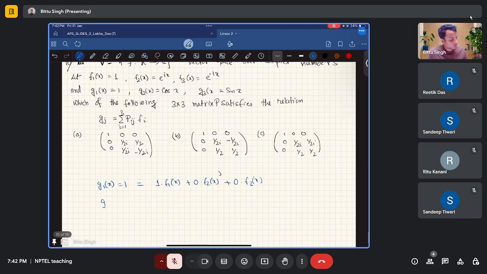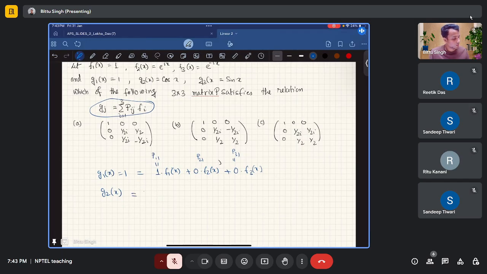Similarly, if you compare with this, from here it is clear that this is actually P11, this is P21, this is P31, right?